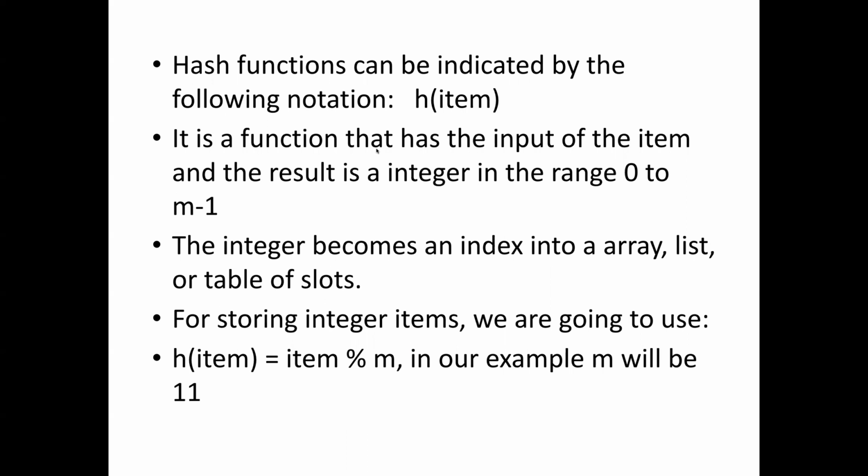Typically we map it to an array of size m. So the hash value ideally would fall into the range of 0 to m minus 1, right? And then typically that hash value becomes an index into an array, list, or table of slots.